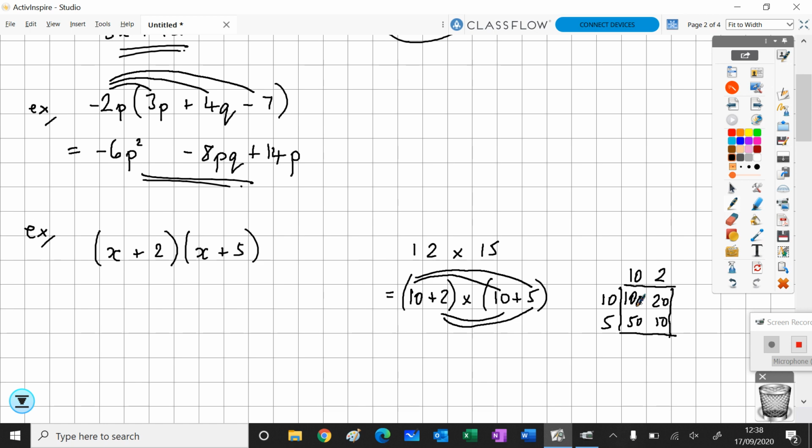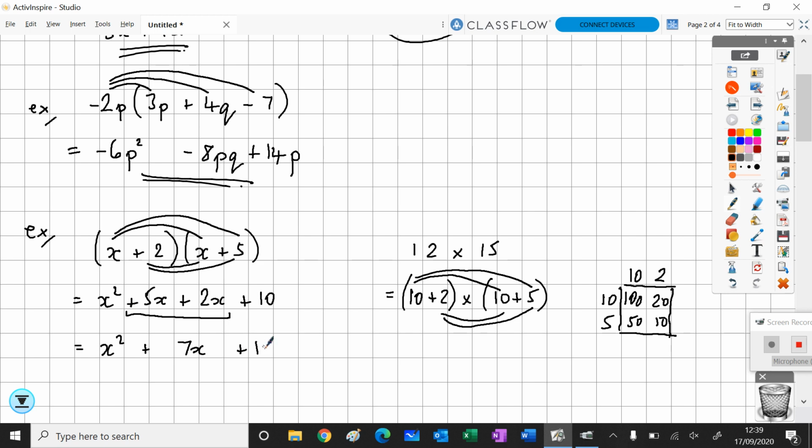Which is why when we expand this double bracket, we get x times x making x squared, positive x times positive 5 making positive 5x, positive 2 times positive x making positive 2x, and positive 2 times positive 5 making positive 10. These are like terms. We can gather like terms, and so we have x squared plus 7x plus 10. So we've expanded our double bracket.